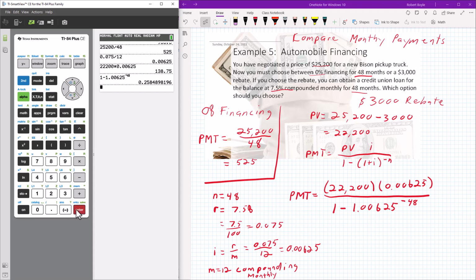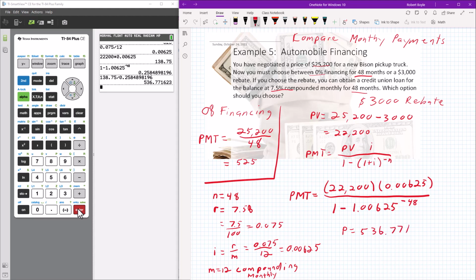And then finally, to get the payment, let's highlight the numerator, divided by, highlight the denominator, hit enter again, and that is your answer. We have that our payment is going to be $536.771, which in dollars and cents rounds to $536.77.